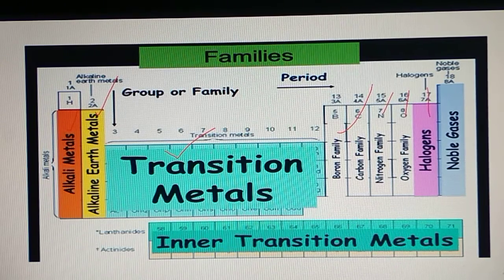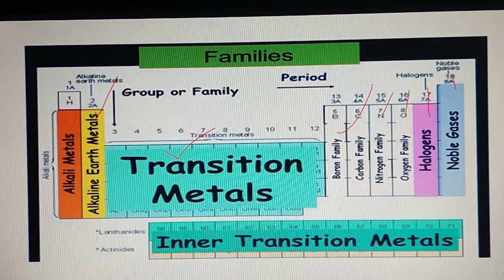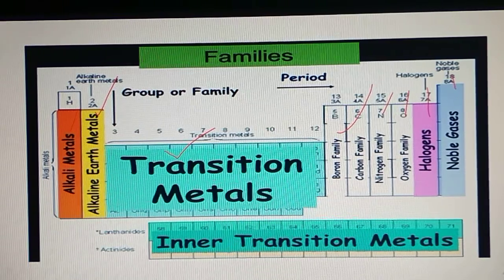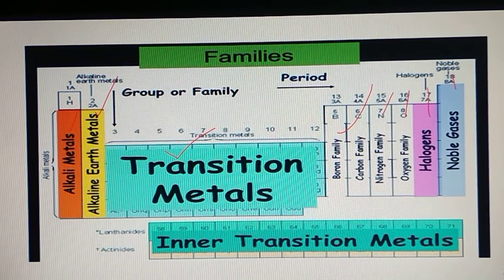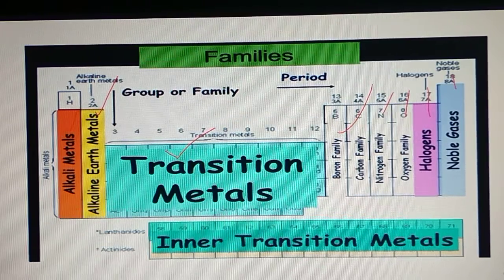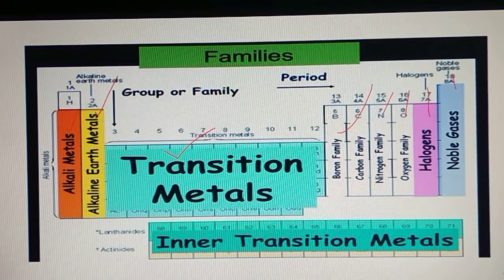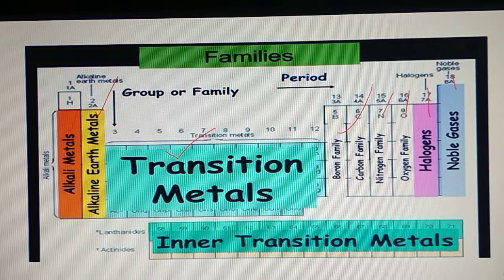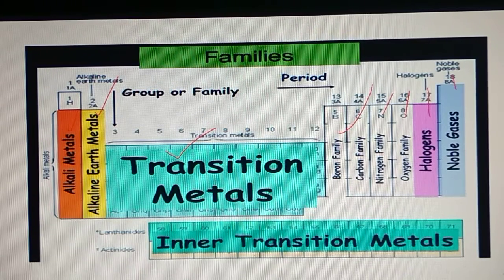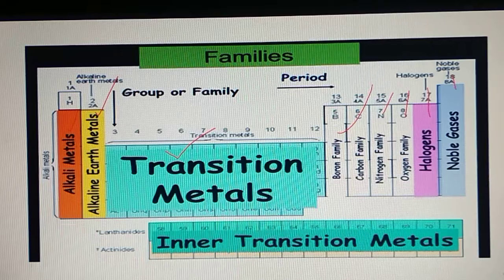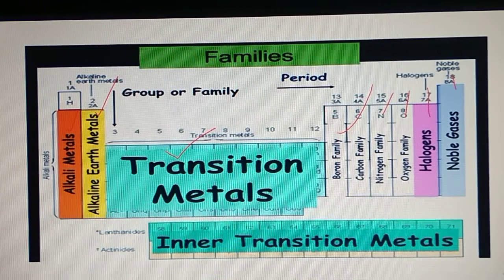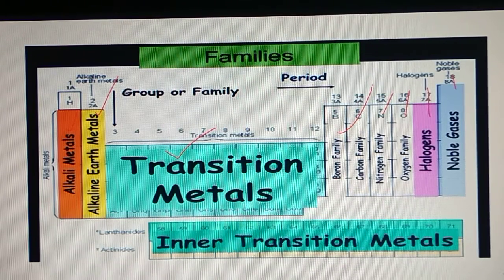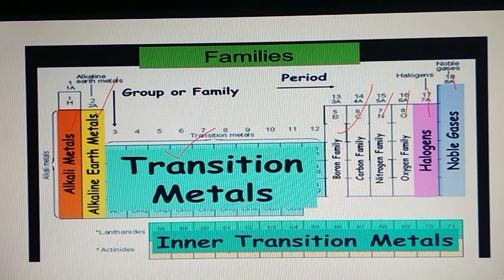Group 17 is halogen, and group 18 is noble gas. And inner transition metals consist of lanthanides and actinides. Okay. So remember these things. It is very important to learn this chapter, the periodic table.